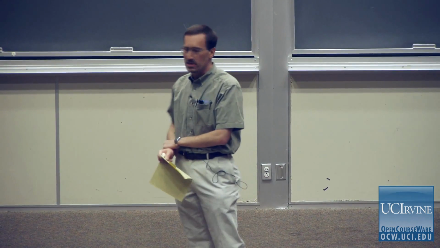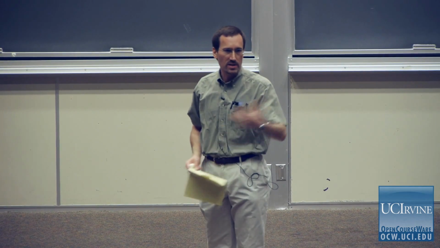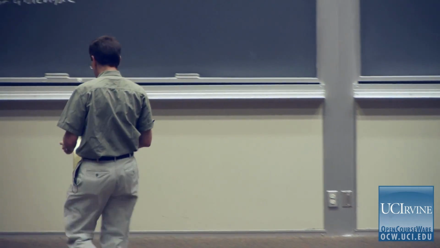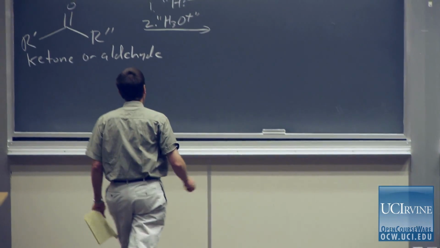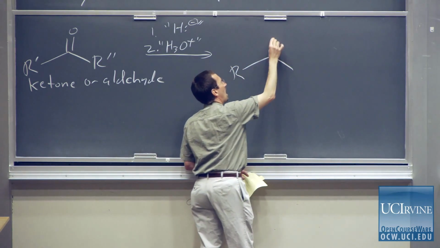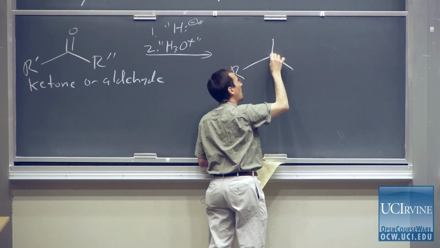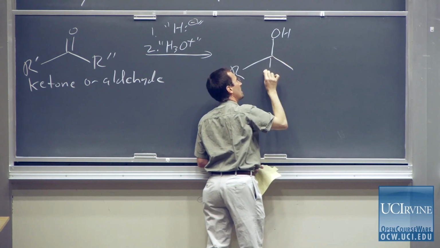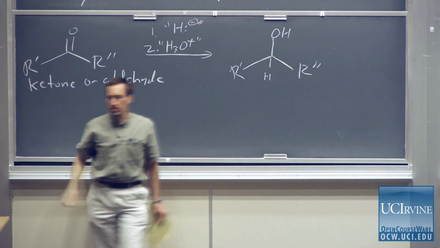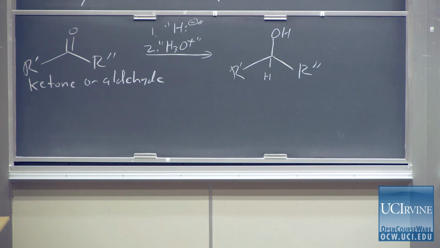You could take HCl in water and make H3O+ and chloride ion. And so you'd go to the stockroom and ask for one of those. When you do that, you get a reduction of the ketone or aldehyde and protonation like so to give an alcohol.